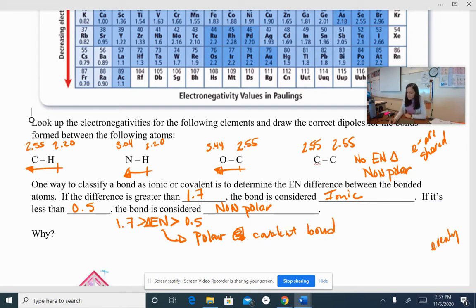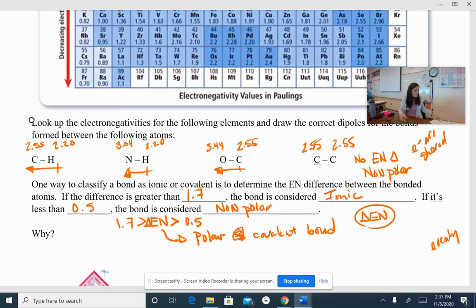So just by looking at the difference of those electronegativities, we can classify whether we have an ionic compound, a polar covalent compound, or a nonpolar covalent compound. Now, by and large, this is just a rule of thumb. This does not hold true for everything.